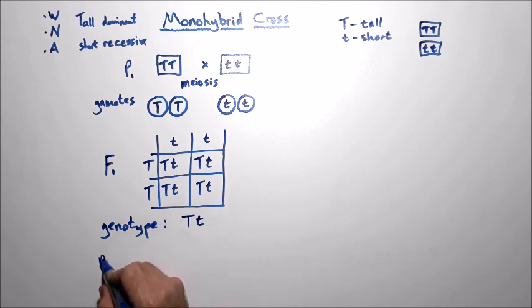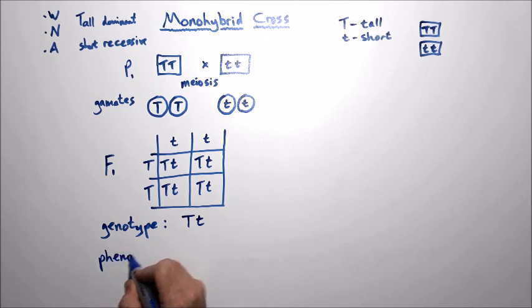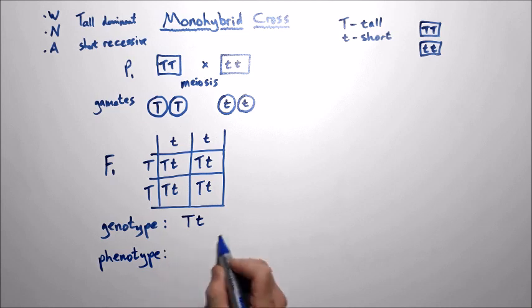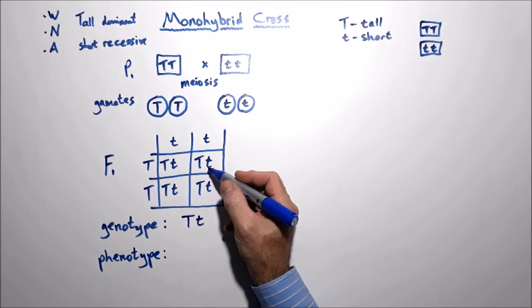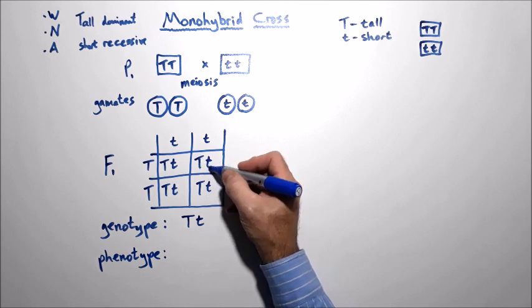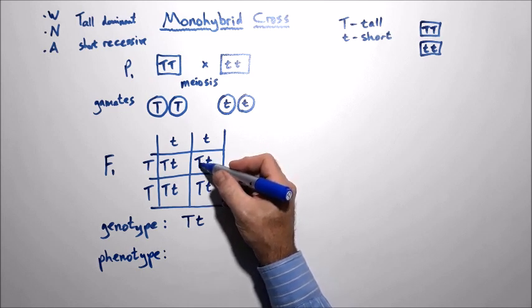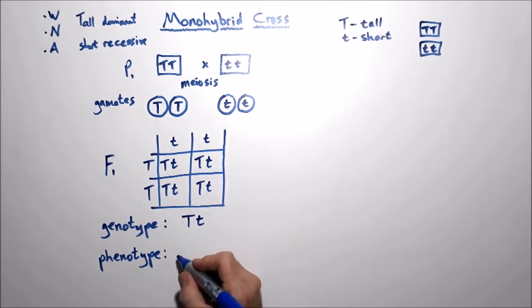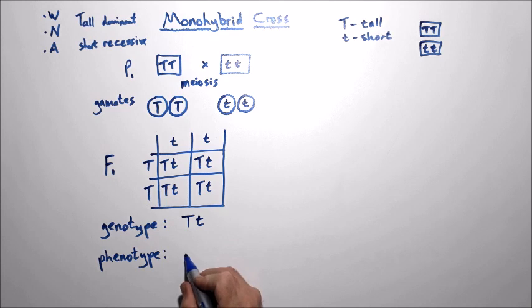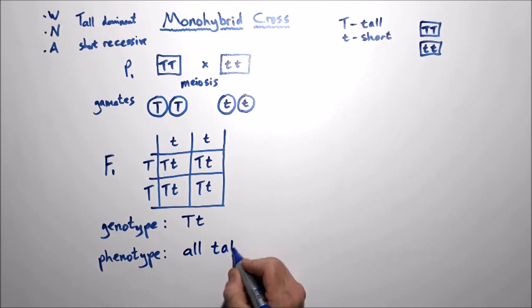Now the phenotype, you write this out, and again it's expressed as a ratio. But if you look carefully, there's only big T, small t, and that means each one of those will be tall, because the tall gene dominates over the recessive gene, the short recessive gene. And so in the phenotype you've got to express what they look like. And we will write here, they're all going to be tall.